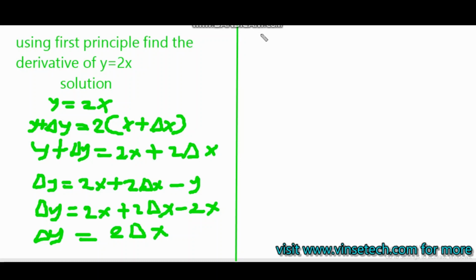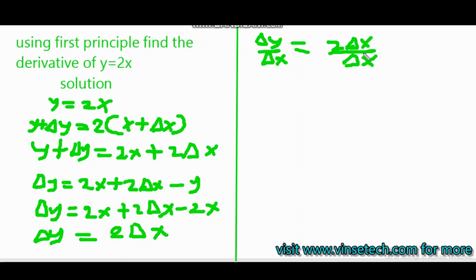Dividing both sides by delta x, we now have change in y all over change in x is equal to 2 change in x all over delta x.